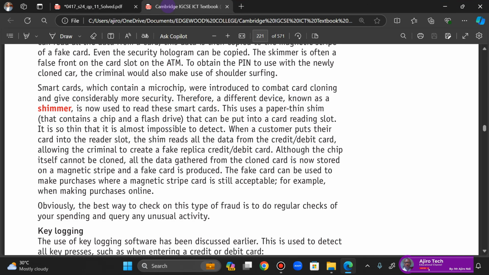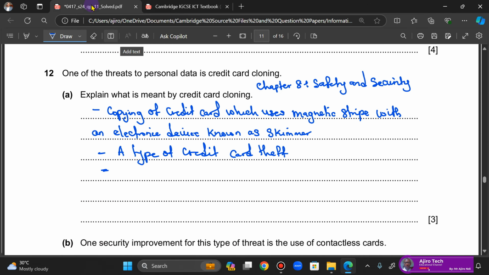And also it uses this electronic device called a skimmer, which copies the credit card.